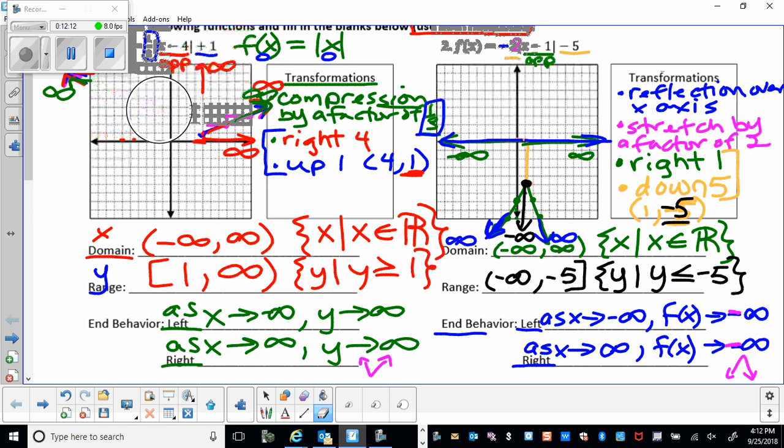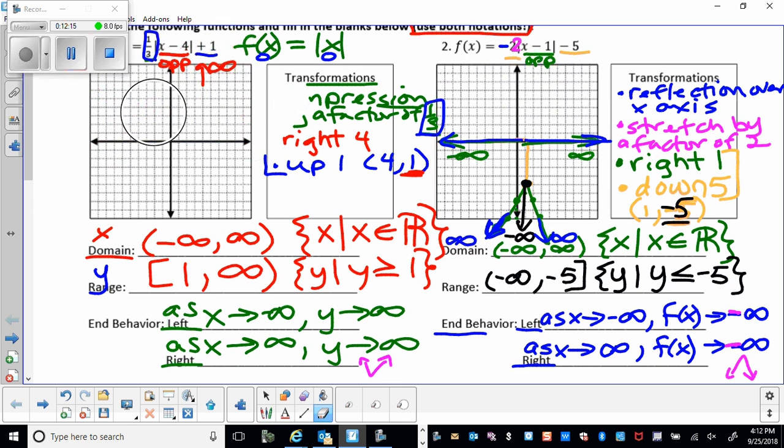Let me erase this here. So our vertex is at 4, 1: 1, 2, 3, 4, up 1. So the vertex is at 4, 1.